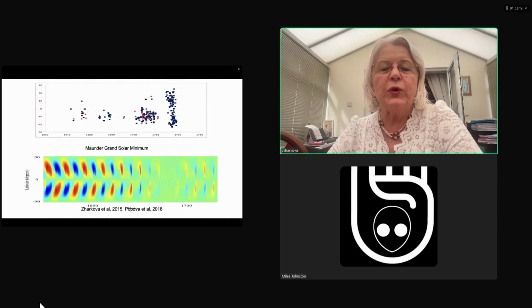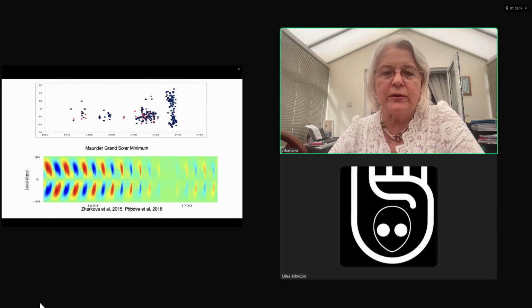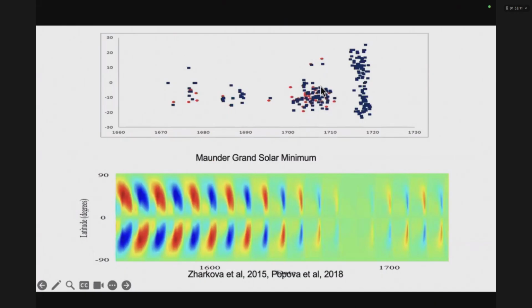On top of this, she also managed to reproduce the butterfly diagrams. This is the top observed butterfly diagram when the sun maximum was 1720, between 1710 and 1720, exactly where the butterfly diagram shows the maxima.